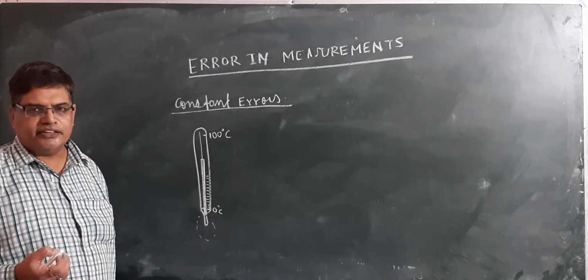It should be 100 degrees centigrade. So in between 0 degree and 100 degrees centigrade, we make 100 equal graduations like this. When these equal graduations are made, each graduation will measure 1 degree centigrade.